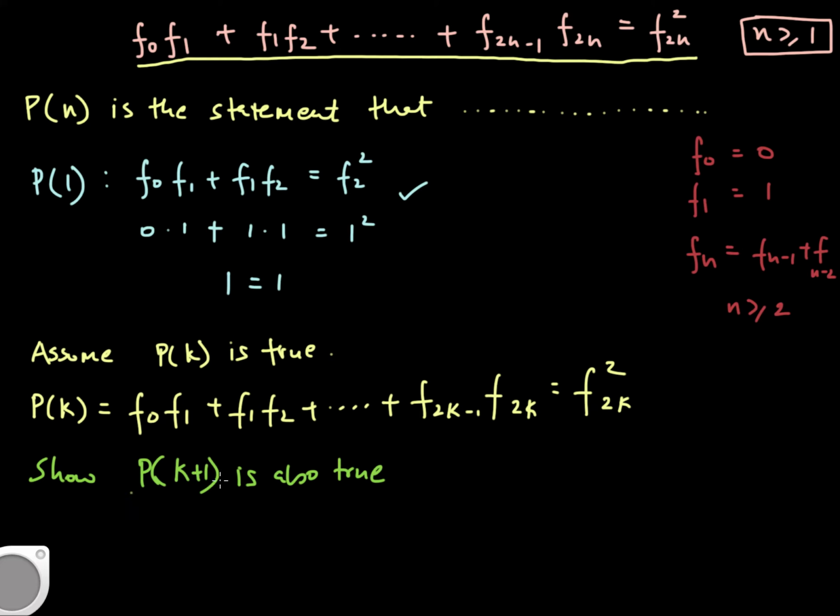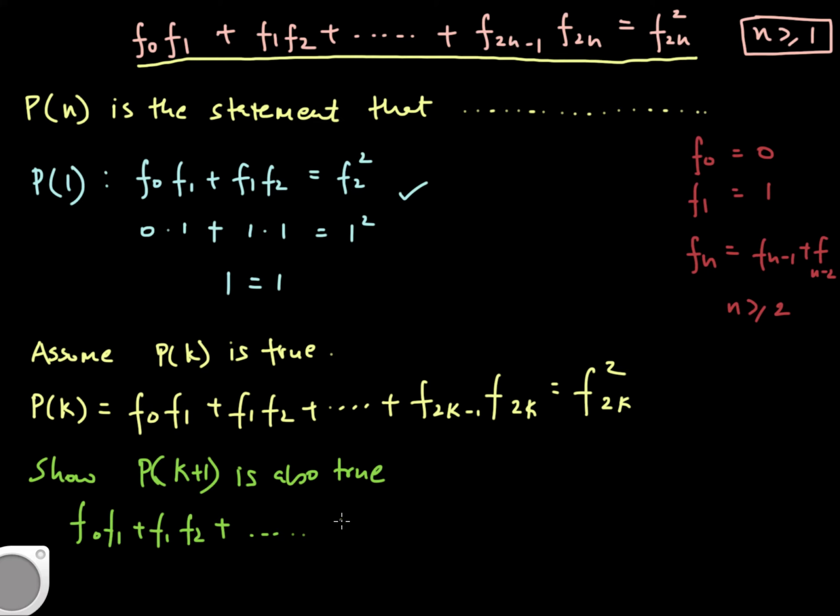Okay, so what does it really mean? What is it that I want to show you? Well, if I go back to my proposition P of n and replace n with k plus 1, that'll imply that what I have here is f of 0 times f of 1 plus f of 1 times f of 2 plus going up to, I'm just replacing wherever I see n with k plus 1.